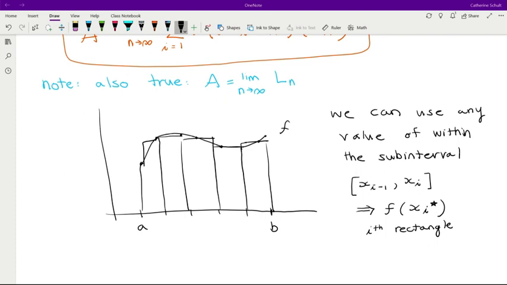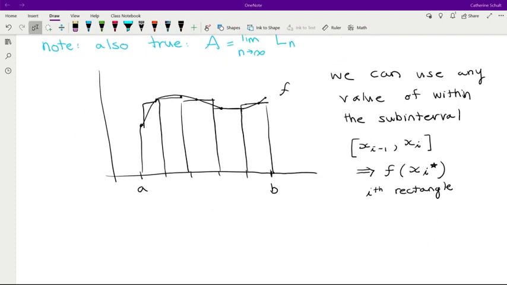If we were to use the largest height in the interval for each rectangle, that would be called the upper sum. And then if we were to use the lowest point, that would be called the lower sum. So let's write those out. Let me get the precise definition.